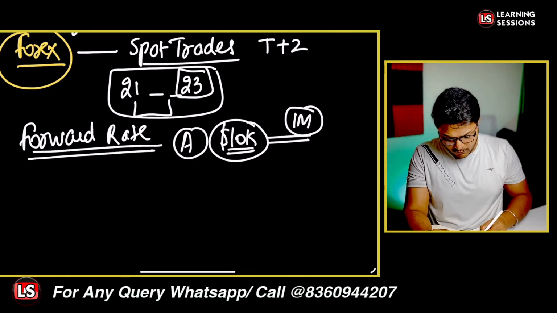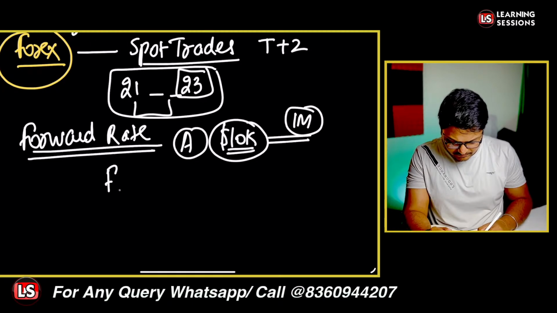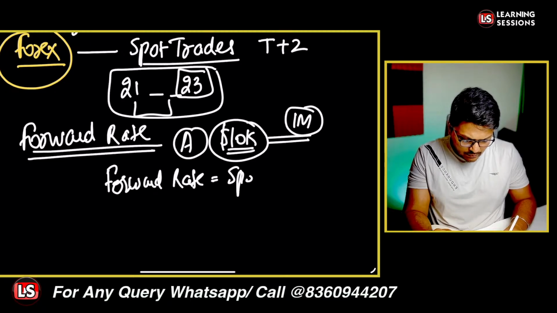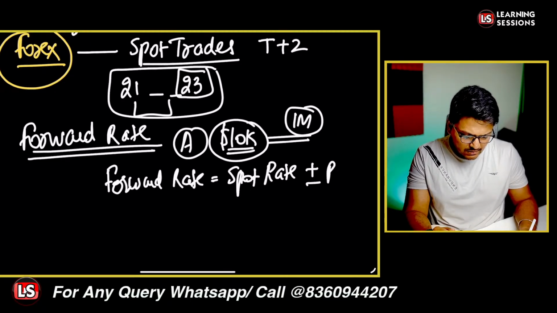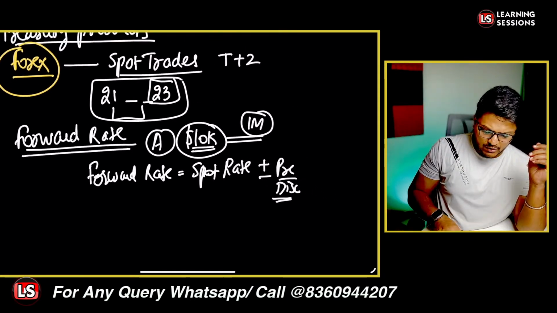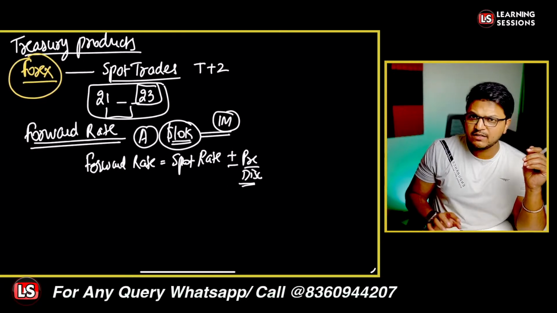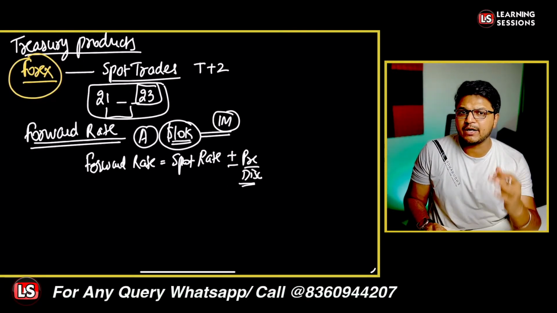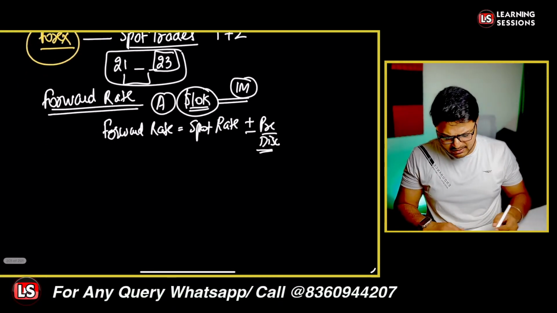The forward rate is equal to the spot rate plus or minus the premium or discount, whatever the case may be. We have already completed this in Module A, where we explained in what case it is added and in what case it is subtracted. So let's discuss a case related to it.